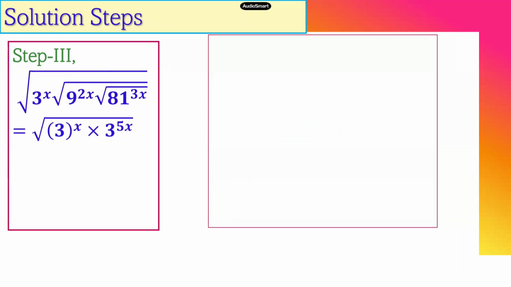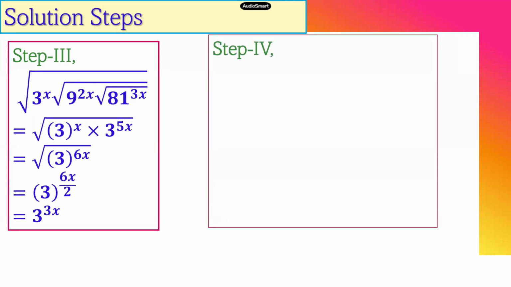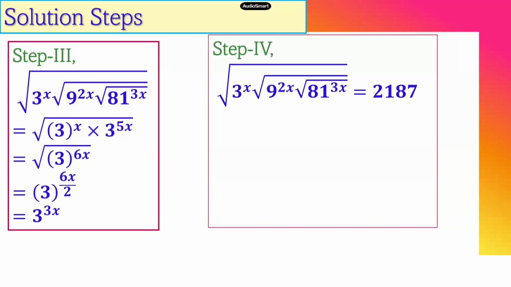So again, multiplying the powers, it will be 3 to the power 6x, and then it is divided by 2, it will be 3 to the power 3x. So finally we have this equal to 187.